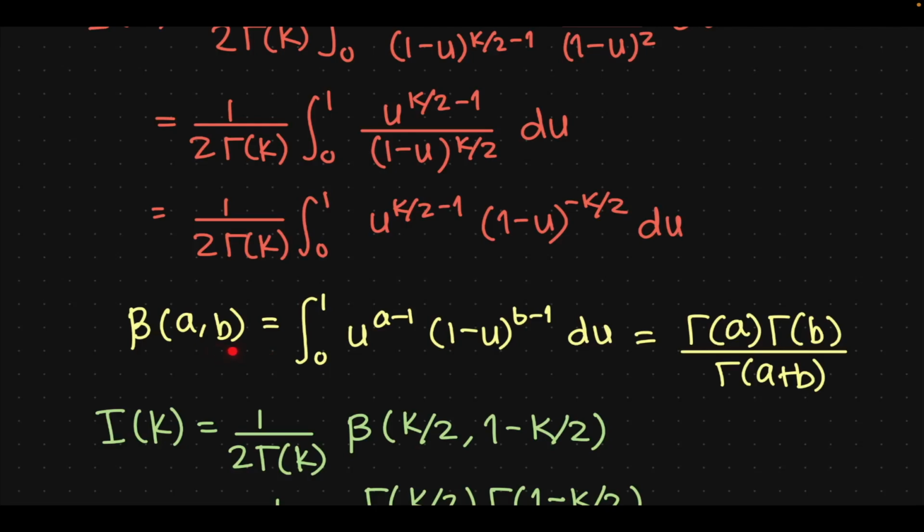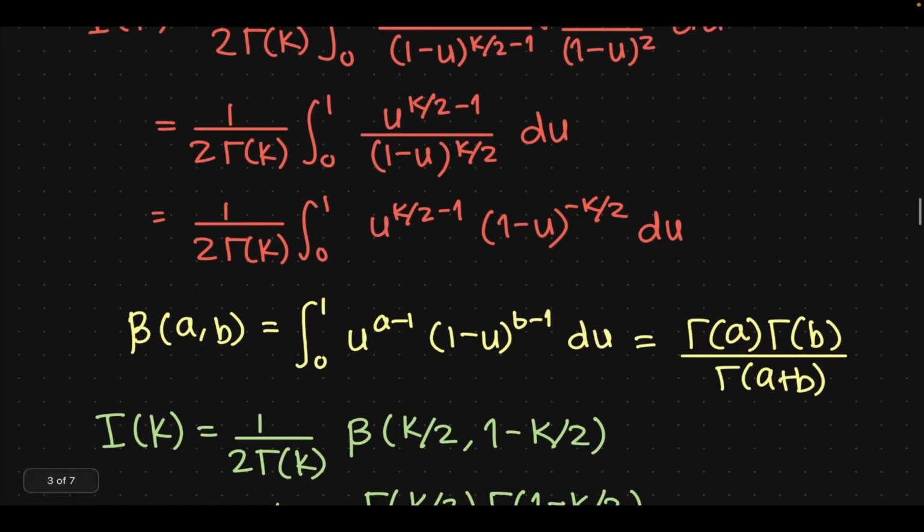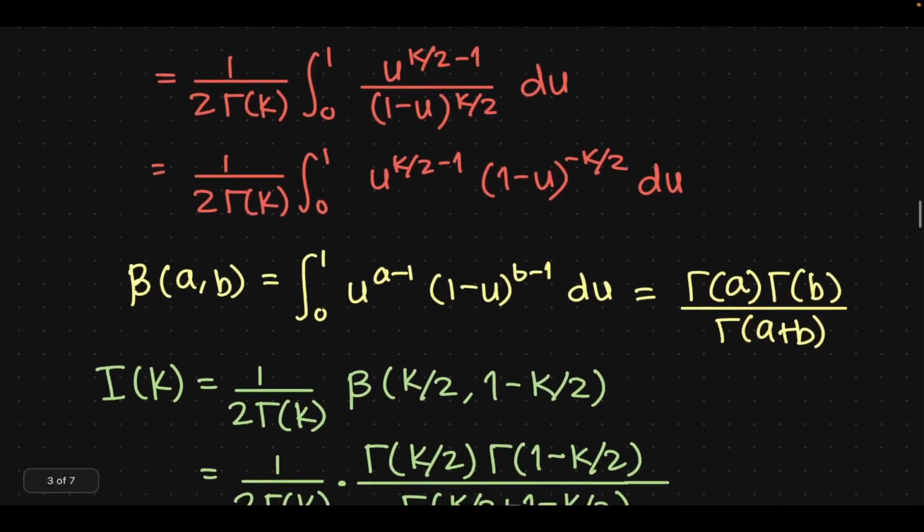So beta of a comma b is equal to the integral from 0 to 1 of u to the a minus 1 times 1 minus u raised to b minus 1 du, which also happens to be gamma of a times gamma of b divided by gamma of a plus b. So if we match the forms, we see that we have 1 over 2 times gamma of k times the beta of k over 2 comma 1 minus k over 2.